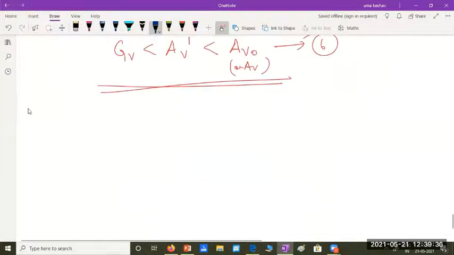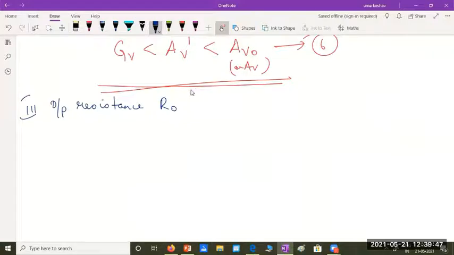Okay, the last parameter which we have to find is the output resistance in an amplifier, R0. So let's find the output resistance, R0 or Rout, whatever you can. I think if we have named it R0 there, let me call it Rout. How do we find this Rout? There is a special procedure to find Rout.